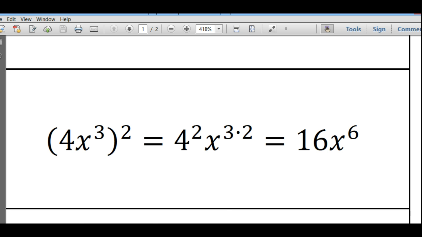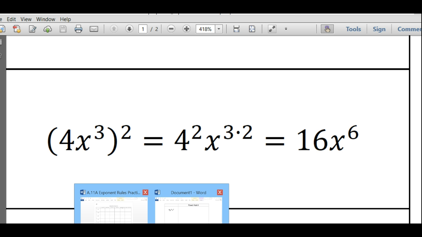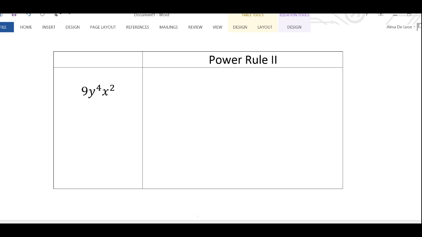So we want to use that same rule to come up with a problem that would result in the solution. So I want to raise my problem to the power of 2. So I need to work backwards. What times 2 gives me 4?